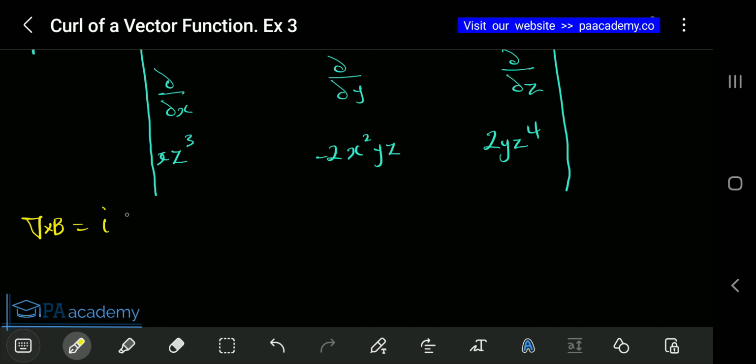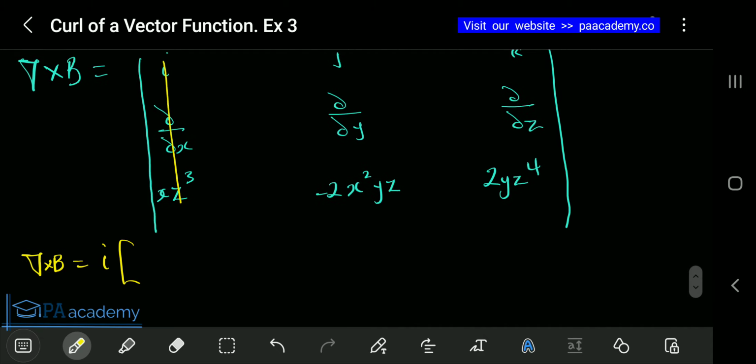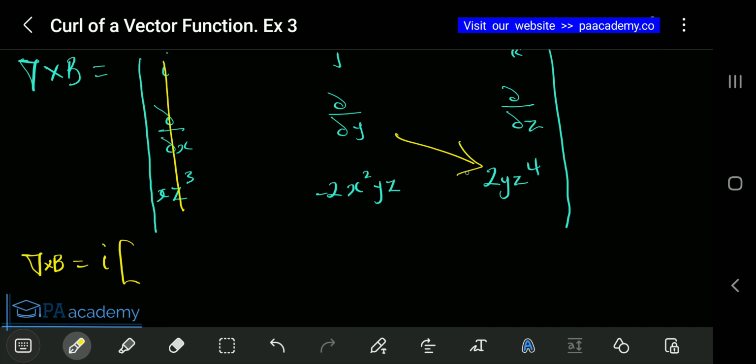So curl of B, that will be i. Let me open the square brackets. If you are dealing with i, we ignore everything in its row and column. So this and this will multiply each other, and then we'll subtract the product of this and this from it. Follow the arrow.